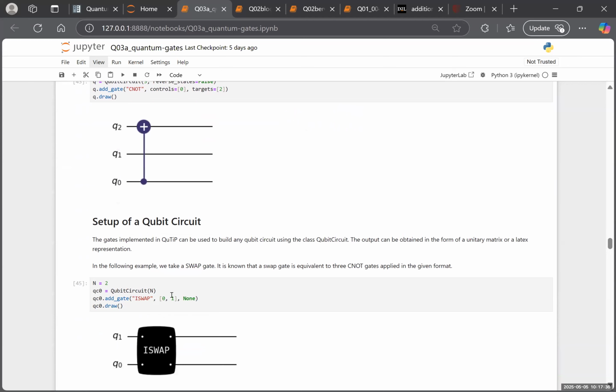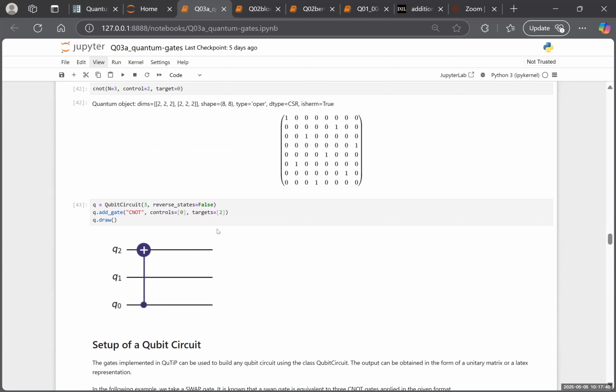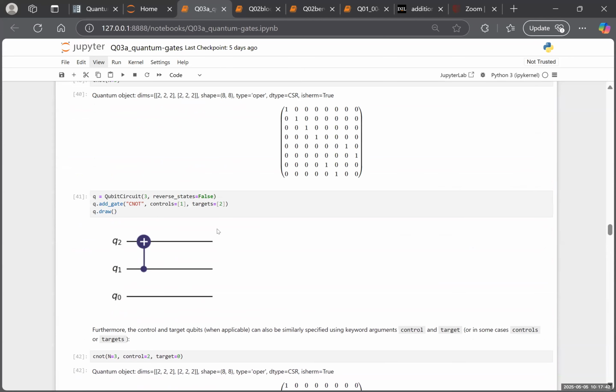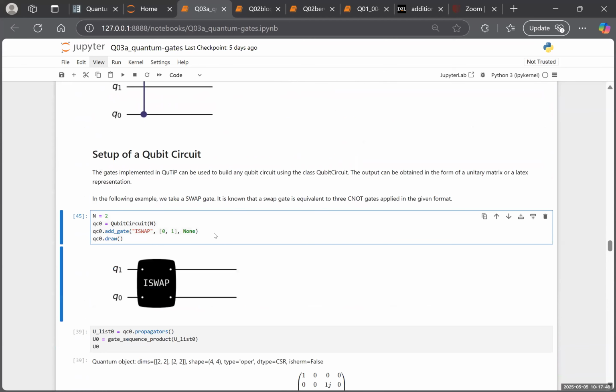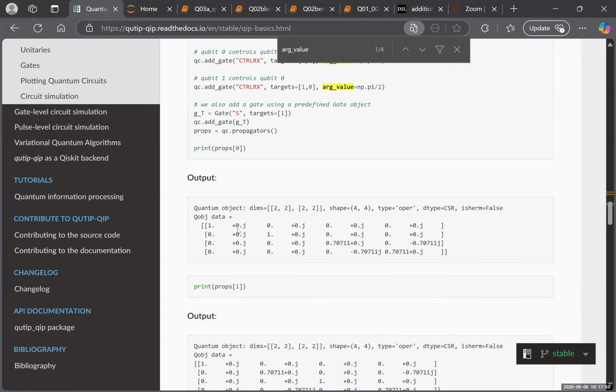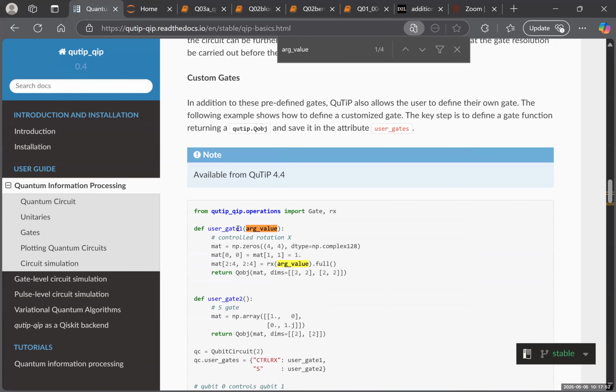This is not a control gate. Oh, yeah, I think that documentation at gate is not.